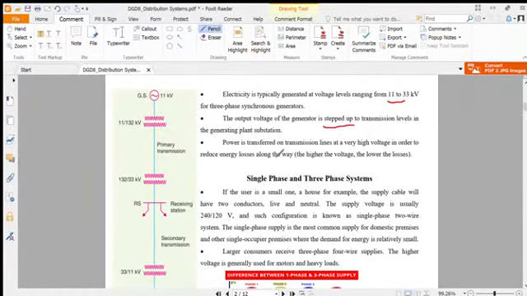There are multiple advantages of a high voltage transmission line, because when the voltage is high, the energy loss is low.